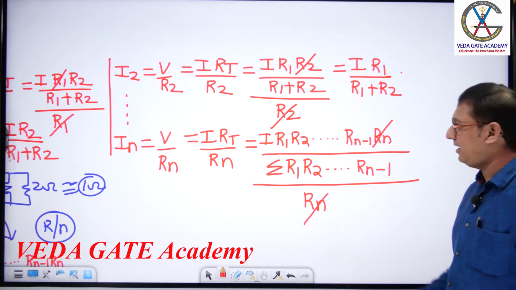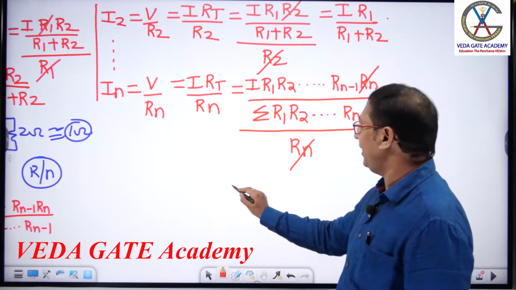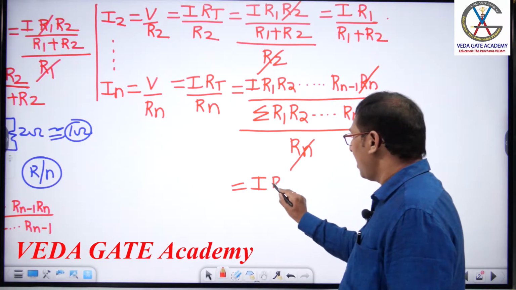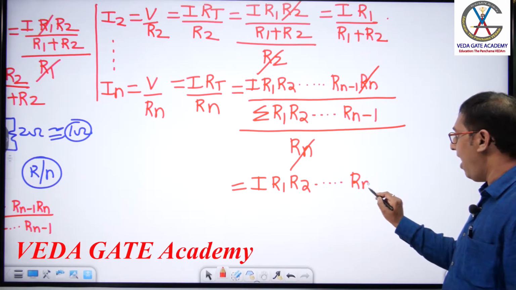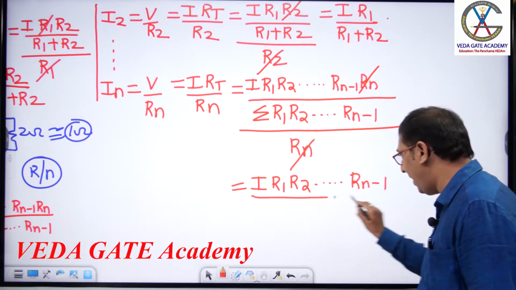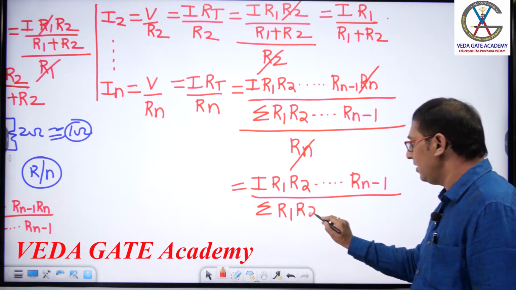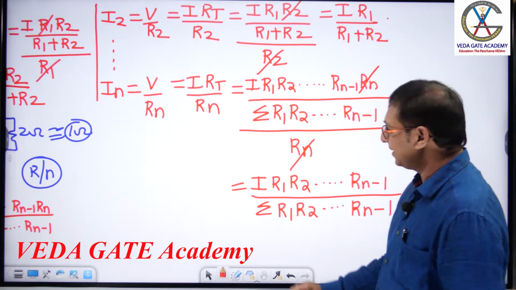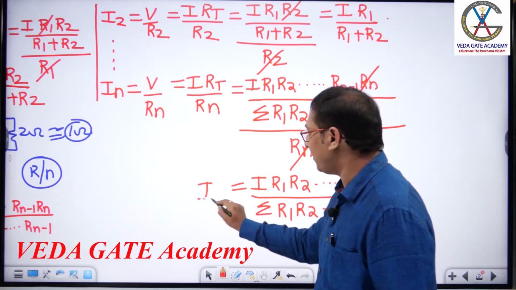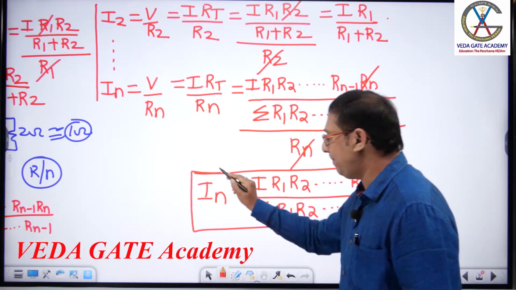Rn gets cancelled. Come on, what is the value that you will be getting, sir? Finally, I into R1, R2 and so on, Rn minus 1 by denominator, sum of product of Rn minus 1 resistors. This is what the expression for current when n resistors are connected in parallel.